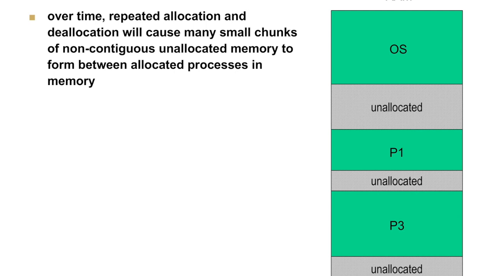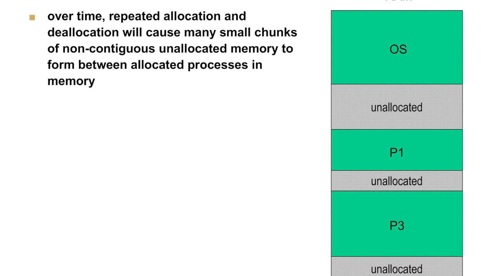You remember that fragmentation is the splitting up of the memory. In this case, we have our RAM, we have processes and the OS in there, and then we have these unallocated blocks. If a new process came along that was bigger than any one of those blocks, we couldn't put it into memory because it is non-contiguous, and we have been allocating processes as a contiguous area of memory.